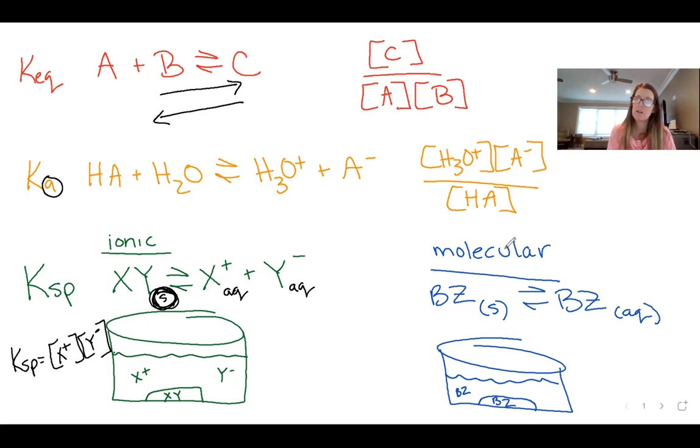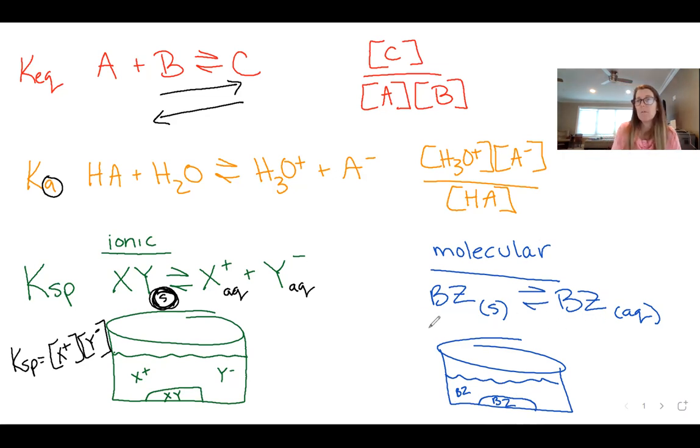Now, if it is molecular, remember molecules other than acids, when they dissolve, they do not dissociate in water. So you'll see here, here's my solid BZ, and it's in equilibrium with BZ that dissolves in water. But I'm not ionizing BZ because it's molecular. And when molecular things dissolve in water, they don't ionize.